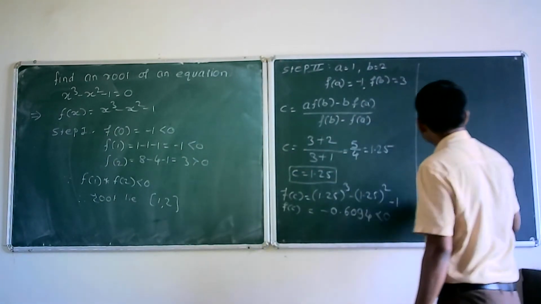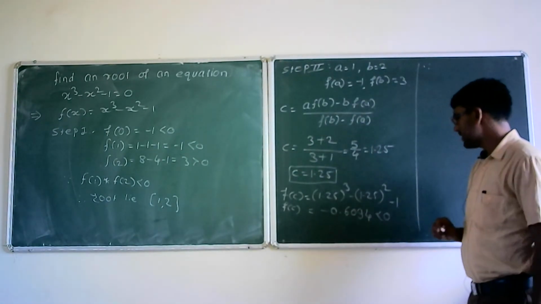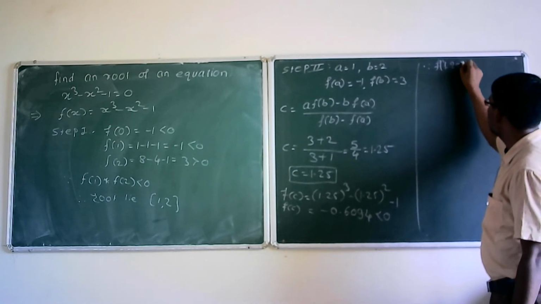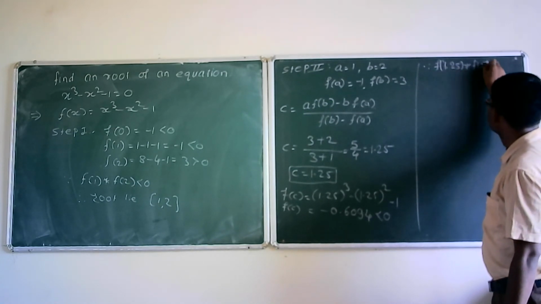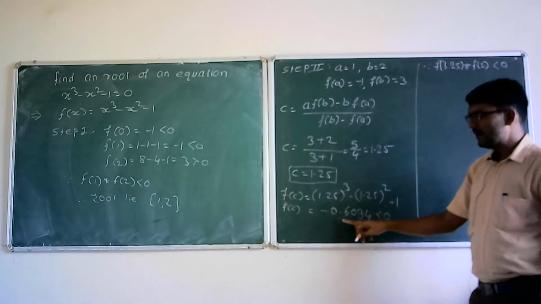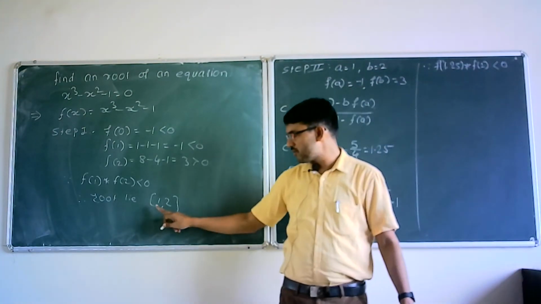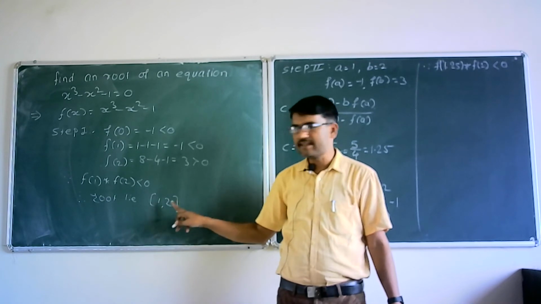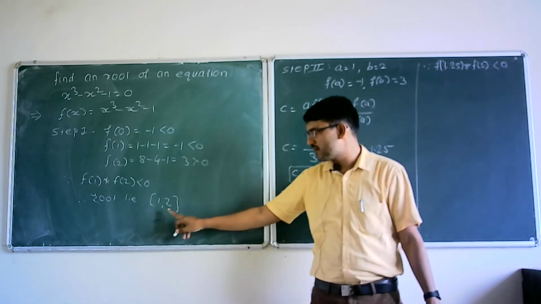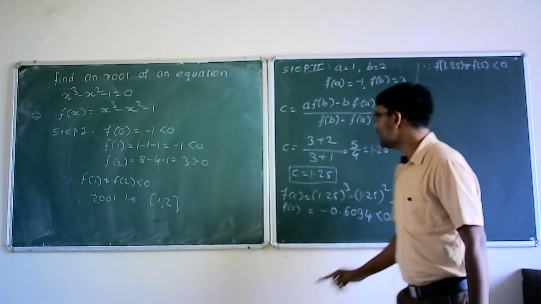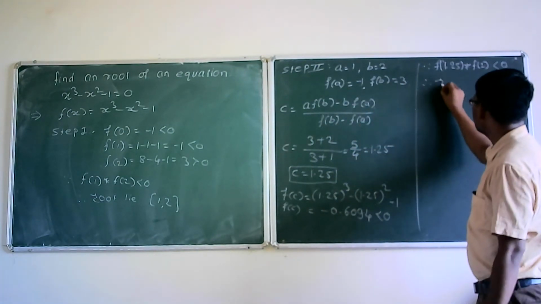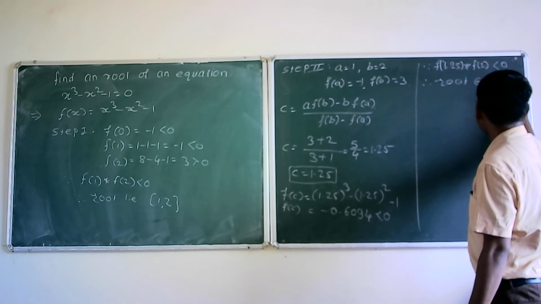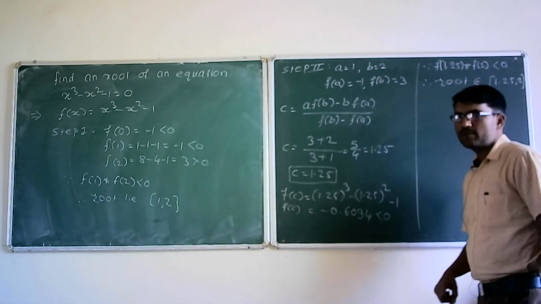Since f(1.25) is less than 0 and f(2) is greater than 0, we want to take opposite signs. Therefore our root lies in the interval 1.25 and 2.